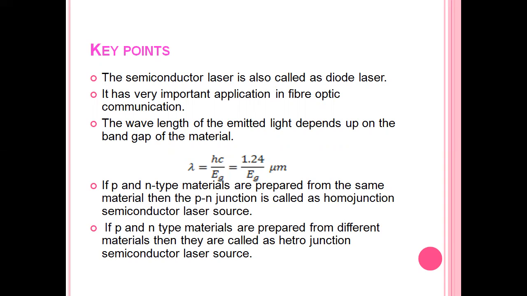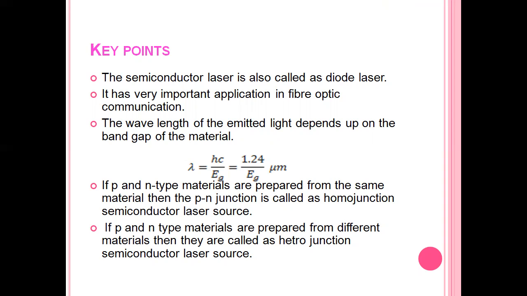Based on the materials used for the fabrication of semiconductor lasers, we can segregate them into two different types. One is the homojunction semiconductor laser, and the other is the heterojunction semiconductor laser.